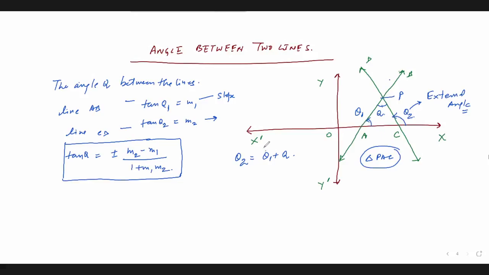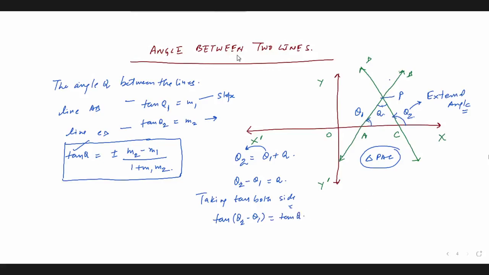So now if I send this theta 1 towards my left hand side, then theta 2 minus theta 1 is equal to theta. I need to find tan theta, so taking tan on both sides. So it will become tan of theta 2 minus theta 1 is equal to tan theta.